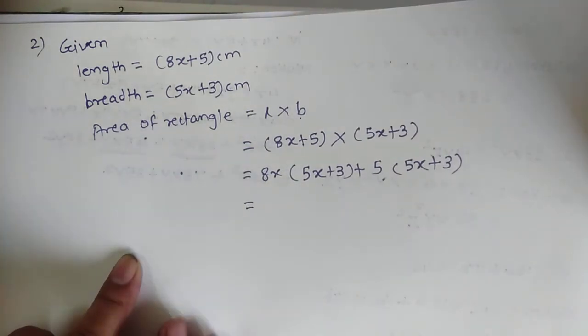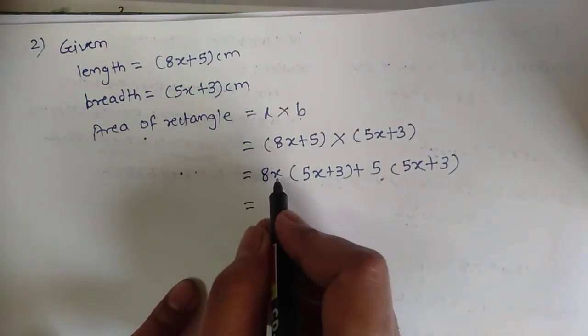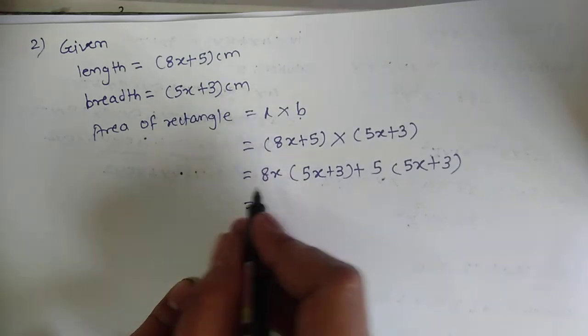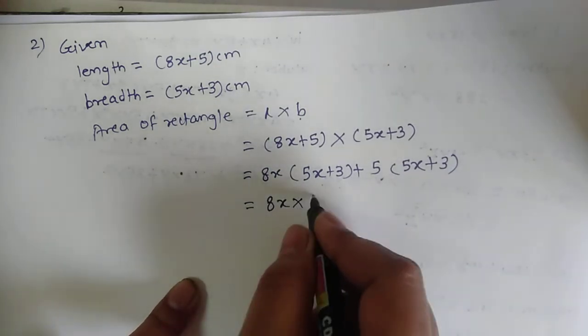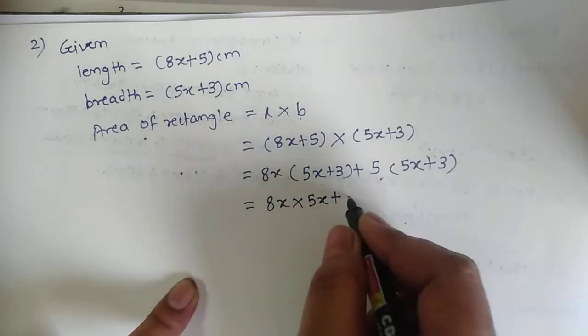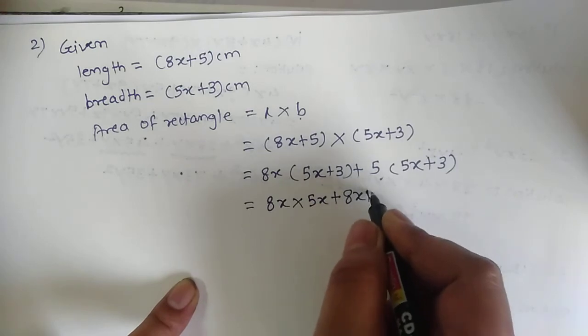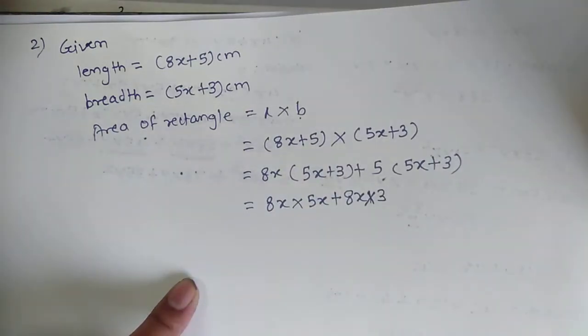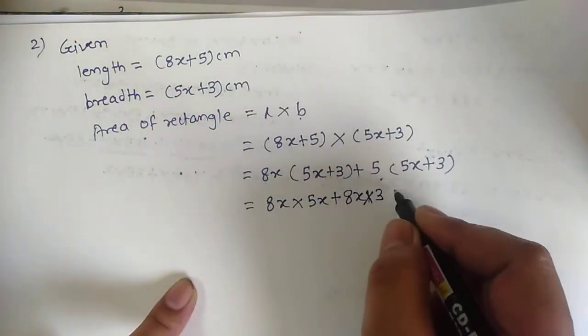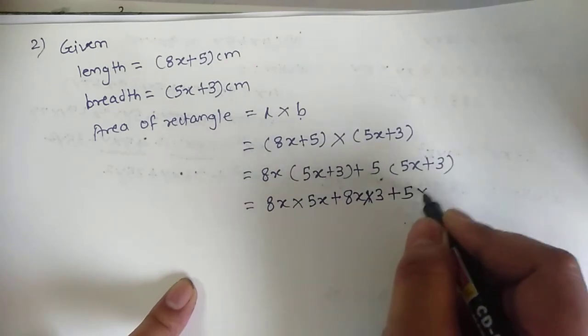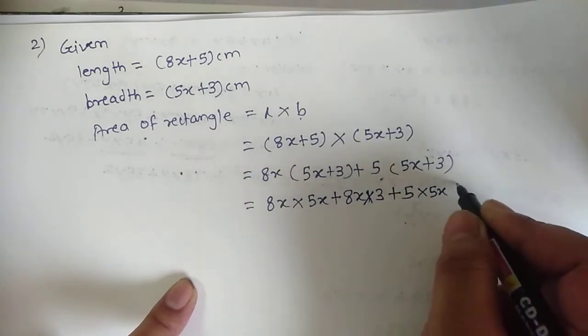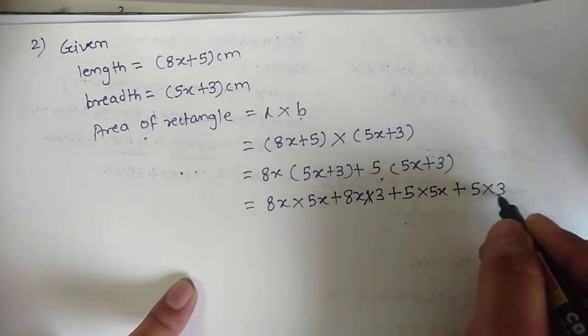Now take the multiplication. So 8x multiply 5x plus 8x multiply by 3 plus 5 multiply by 5x plus 5 multiply by 3.